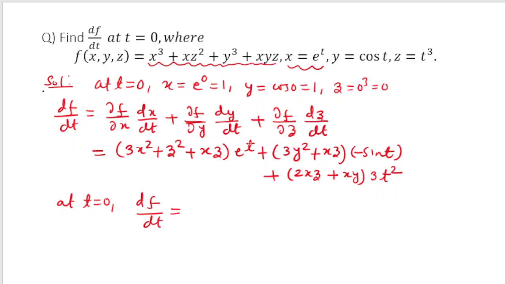See, here e to the power 0 will become 1, and let me write here 3 into 1, so I will get 3, plus z squared, so I will get plus 0, and plus xz, so x is 1, z is 0, so this will also be 0. e to the power t, so e to the power 0 will become 1, plus if I put t is equal to 0, then sin t becomes 0, so 0 into anything will become 0, so I directly write 0, and plus if I put 0 here, then again the whole expression will become 0, so I write just 0 here. So in the end we get the value of df by dt at t is equal to 0 is equal to 3.